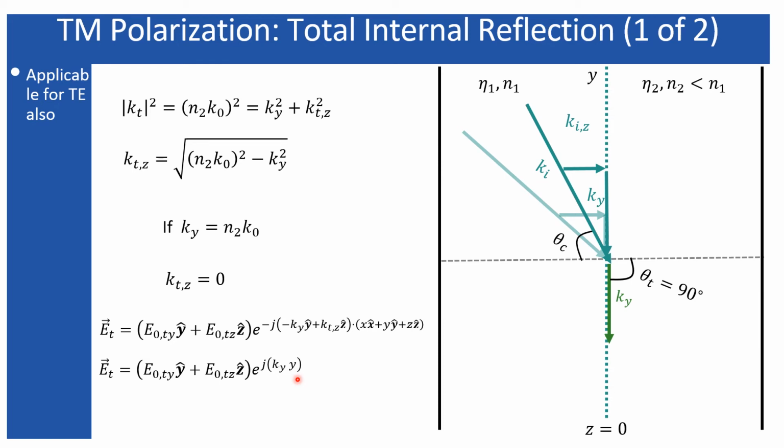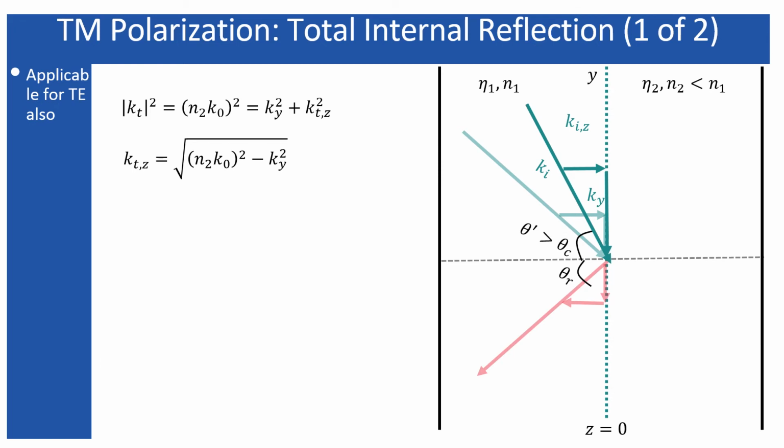But what will happen if the ky component becomes even greater than this n2 times k naught? Let's see. Initially, in all of my previous slides, I have assumed this direction as the direction of the incident wave and this direction as the direction of the corresponding reflected wave.